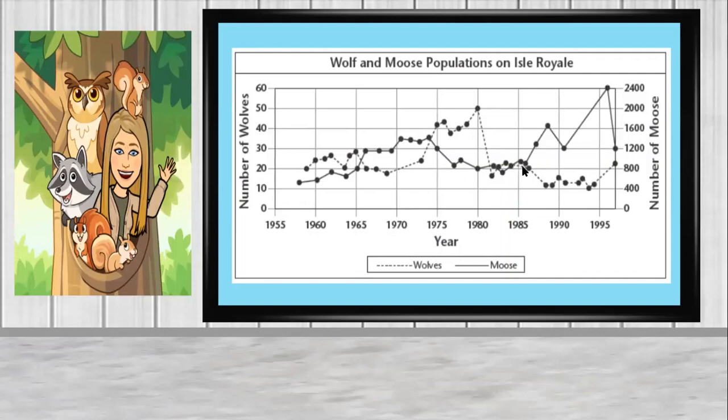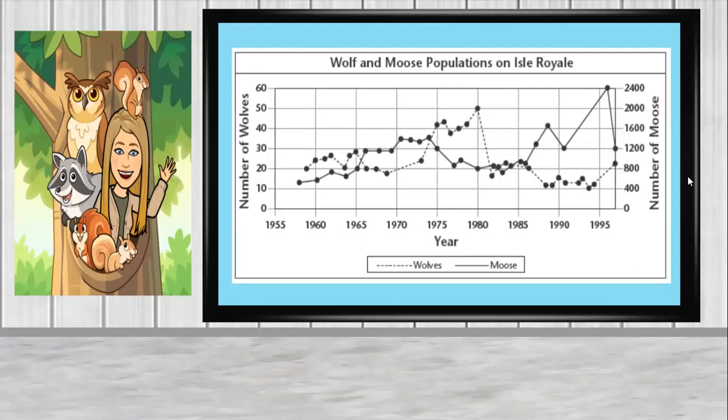I'm sure there are some environmental factors that are influencing their relationship as well. And then again, you see something similar here as the moose population takes a little dip and then starts to rise again. It rises because the wolf population has decreased. So the fewer the wolves, the more moose. Now, the more moose we have, the more wolves we have, and we're going to notice here that the moose population is going to begin to take a dip.